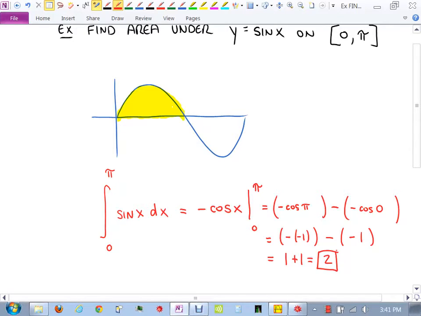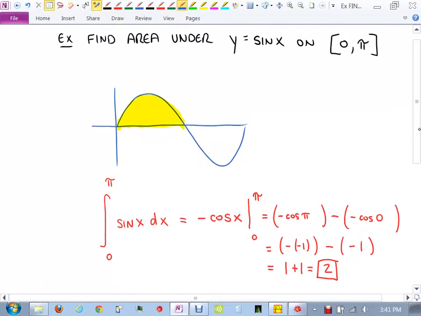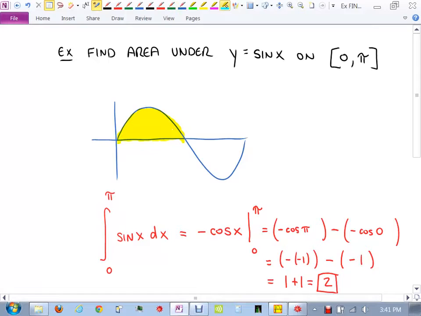It is. Much like E. Now, I'm curious, what if I were to change this problem? Instead of making it go from 0 to pi, what if I were to change it to 2 pi? Do you think the answer would be 4?